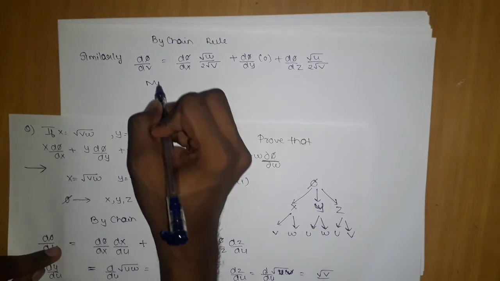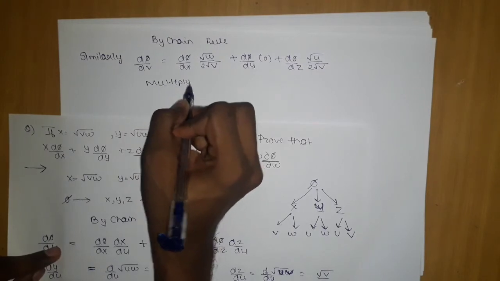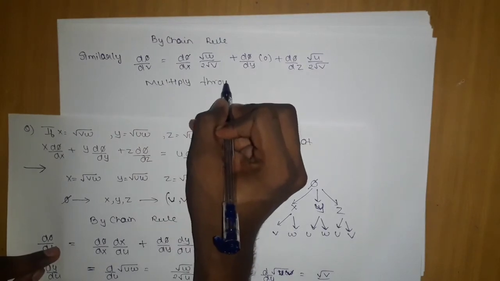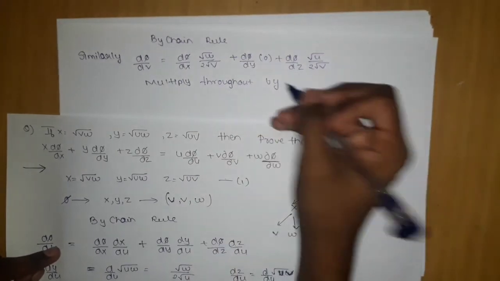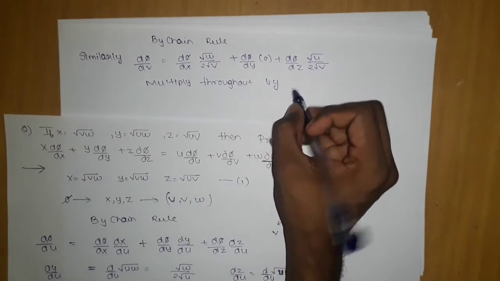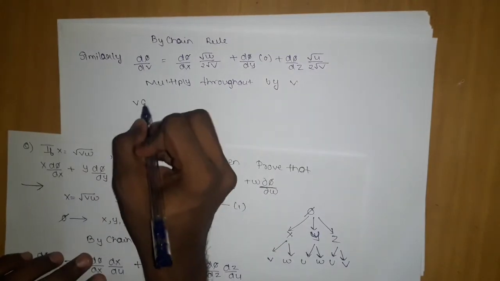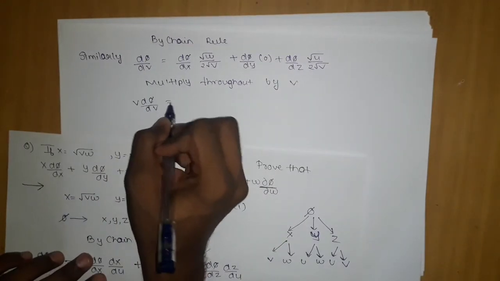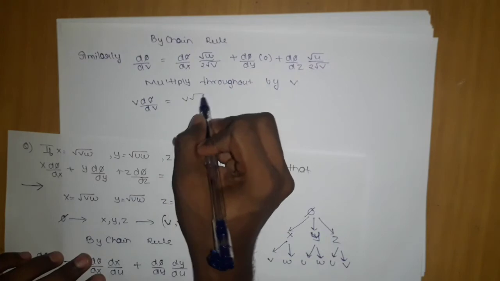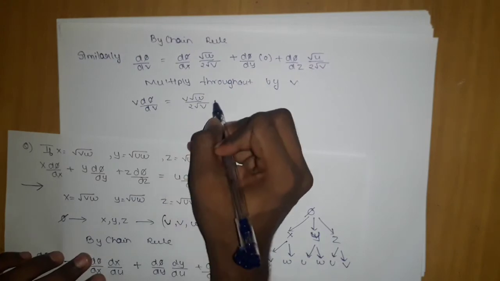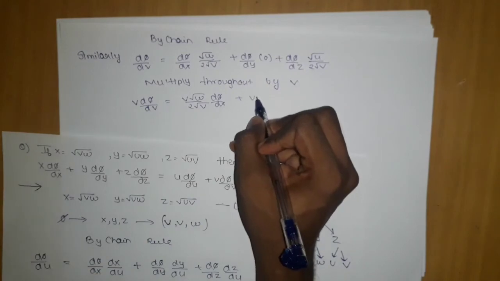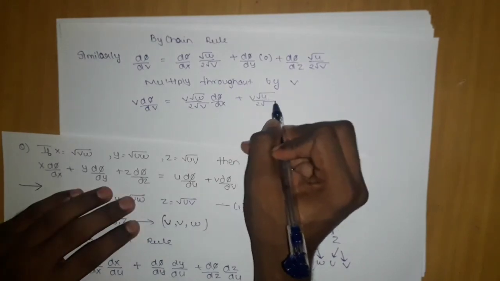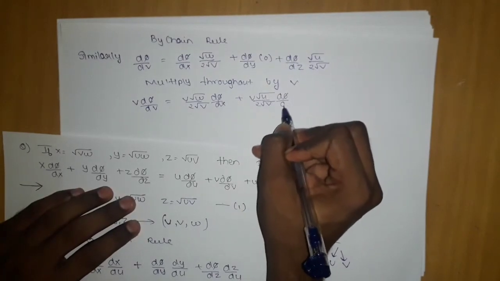We are going to multiply throughout by v. We will get v dou phi by dou v equals v under root w by twice under root v dou phi by dou x plus v under root u by twice under root v dou phi by dou z.